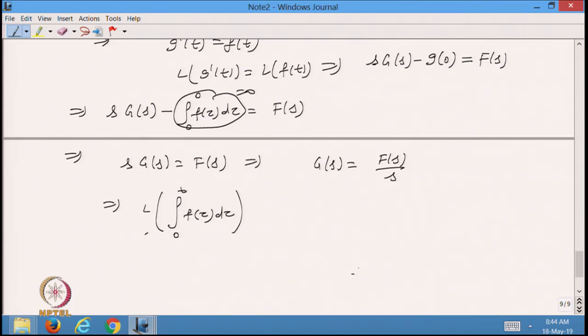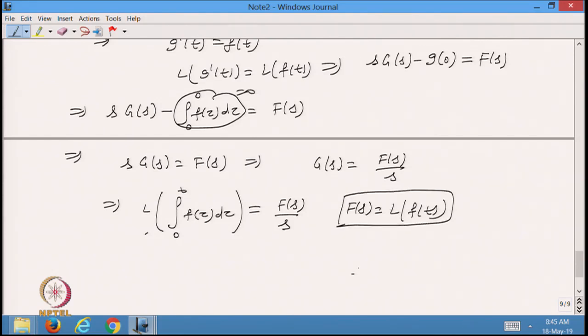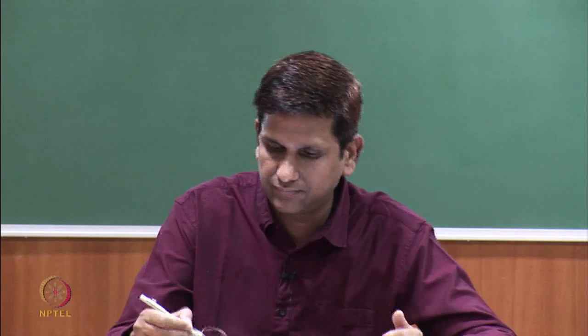So, the Laplace of the integration of that function is always equal to F of s by s, where F of s is the Laplace transformation of f t. If I already know this, by this formula I can find the Laplace transformation of the integration of that function. So, this is also one of the important properties that we use sometimes in solving differential equations.